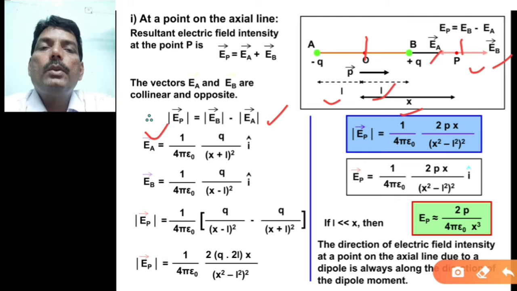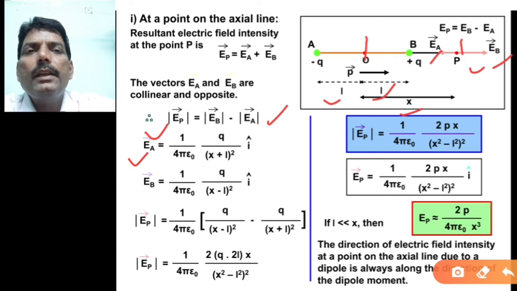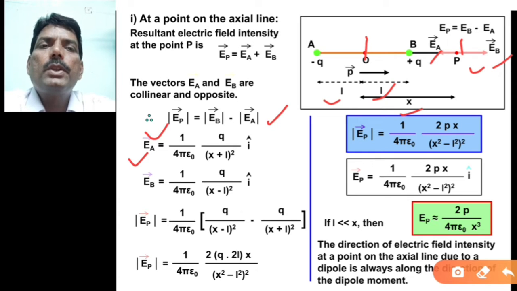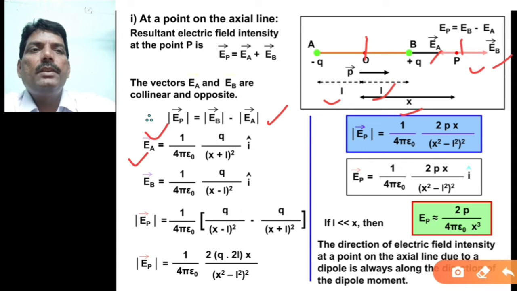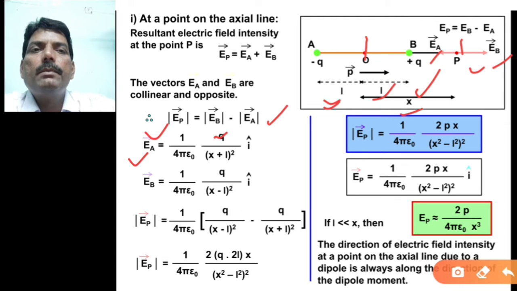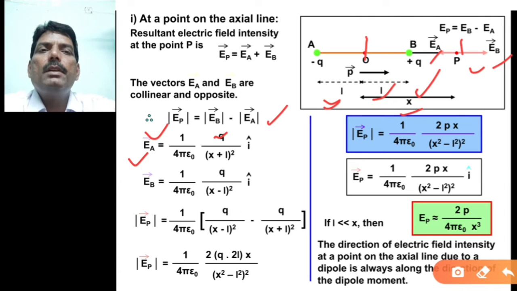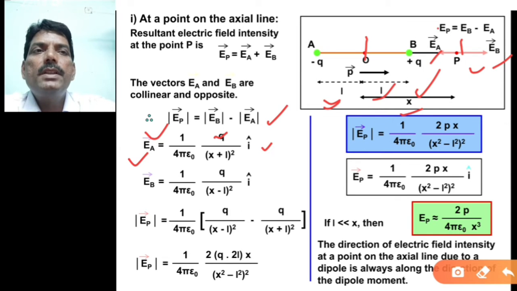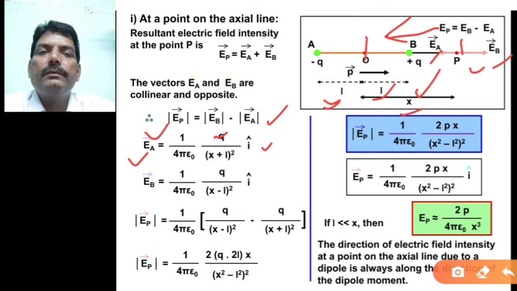Now you have to calculate the value of EA in terms of vector, as well as in terms of magnitude. So vector EA is equal to 1 upon 4 pi epsilon 0 into q upon (x plus L) whole square into i cap. You see x plus L, due to this negative charge. You can see the direction of this one is towards the left side.